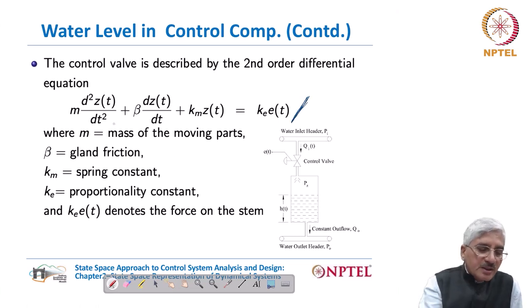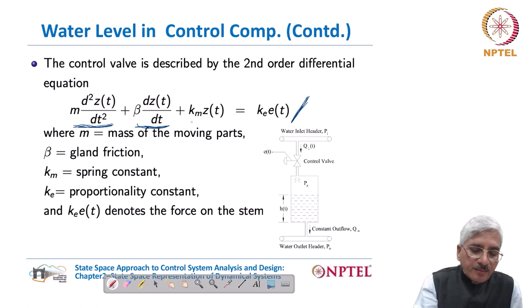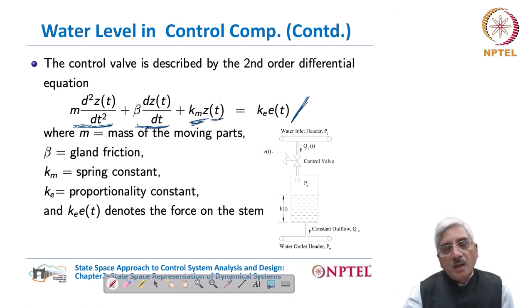M d2z/dt2 is mass into acceleration, plus beta dz/dt, the viscous force due to the gland of the control valve. Beta is the coefficient of viscous friction, and Km into z is due to the spring opposing the motion.